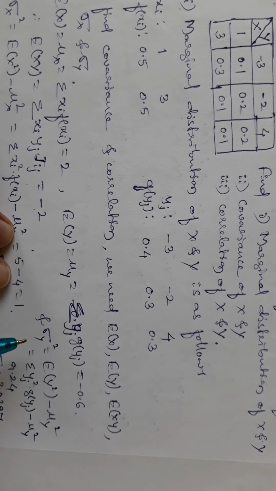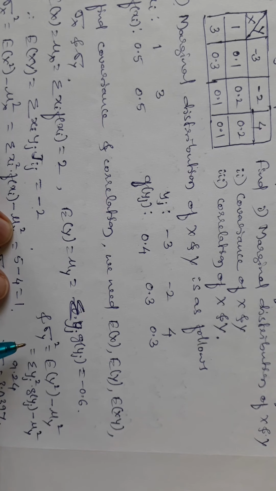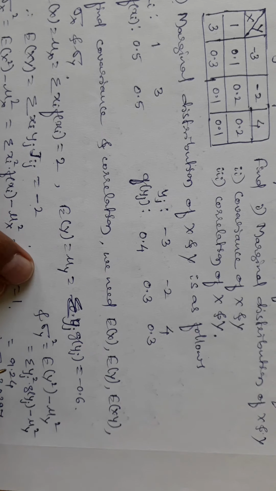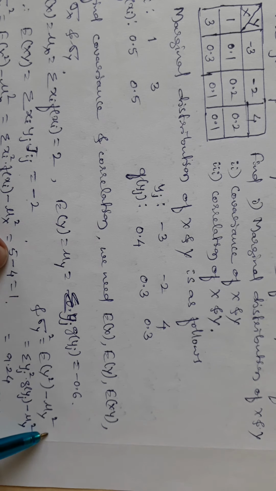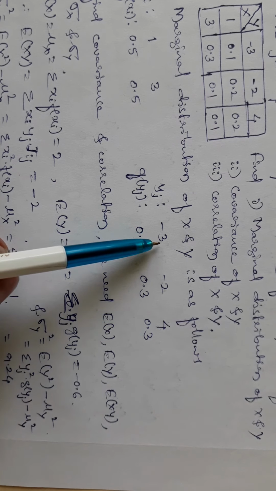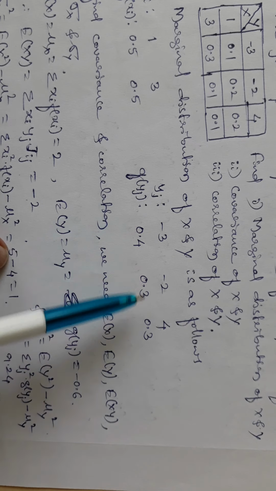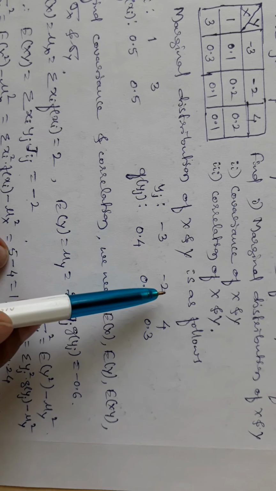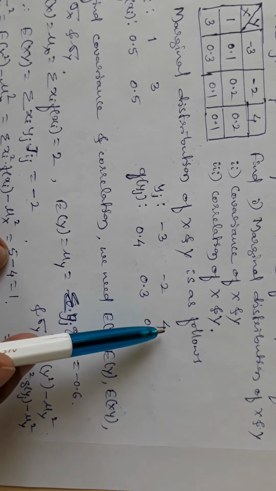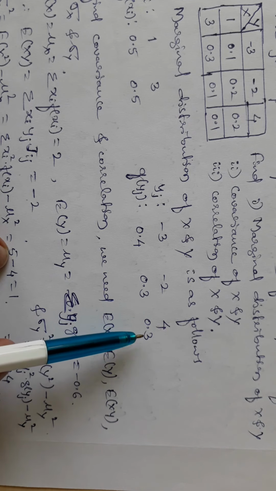Similarly we need to find sigma y, but first we need to find sigma y square. The formula is the expectation of y square minus mu y square. We already have the mu y square value, we only need to find the expectation of y square, that is summation yj square into g of yj. Take the square of the y values and multiply by g of yj, then add: y1 square into g of y1 plus y2 square into g of y2 plus y3 square into g of y3.